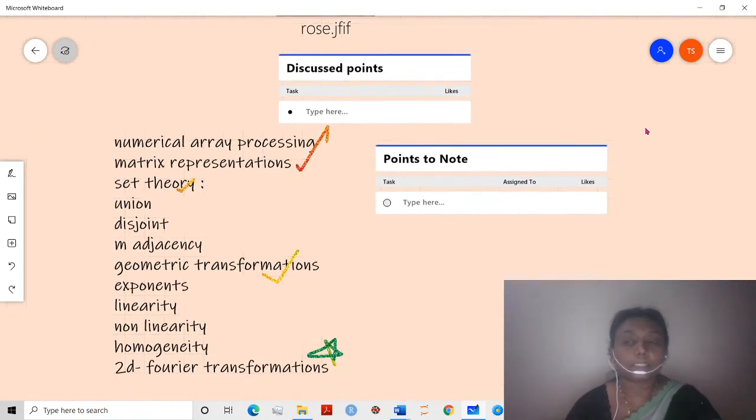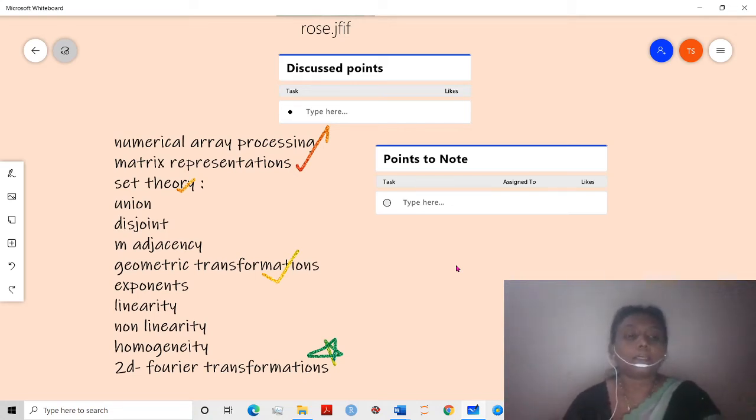The term digital means the computer only understands digits, the combination of zeros and ones. Zero is a digit, one is a digit, only binary digits. That's why whatever we give as input to the computer is digital, whatever we get is digital, and whatever the computer processes is also digital processing.